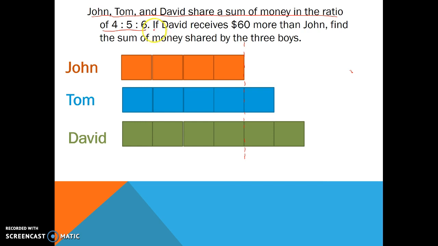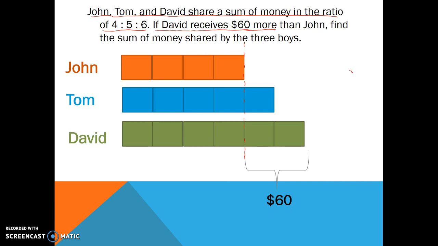So let's take this piece of information. David receives $60 more than John. Well, since David has 6 units and John has 4 units, we can look at David's units and see that those 2 extra units are going to equal $60. And so we'll just draw a bracket there and $60.